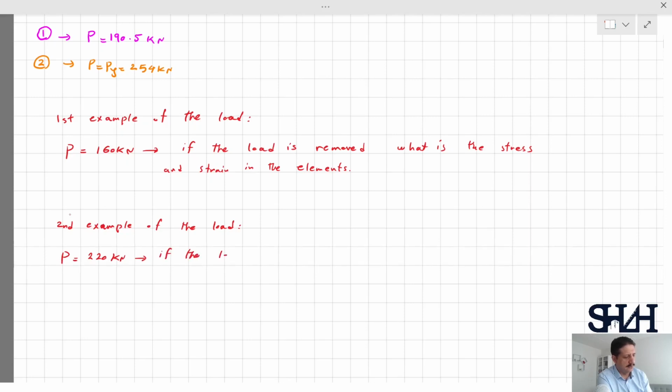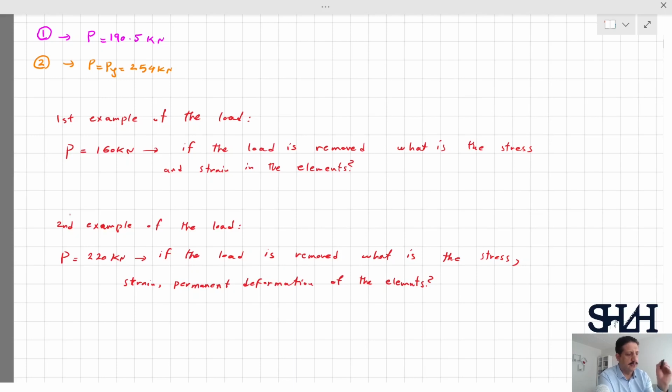If the load is removed, what is the stress, strain, and permanent deformation of the element or of elements?